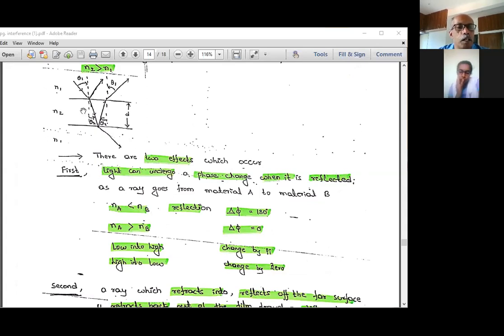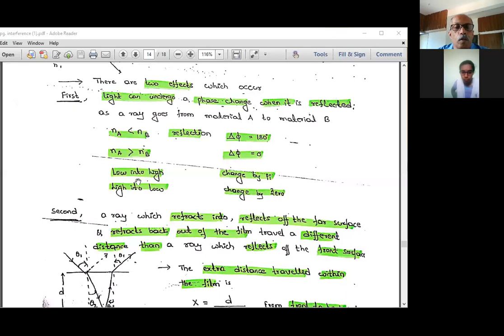The refractive index of this medium is greater than that of this medium. Therefore, the phase change is 180 degrees. The reverse happens. If N1 is greater than N2, then the phase change will be 0. Phase change will be 0 if NA is greater than NB, or N1 is greater than N2.